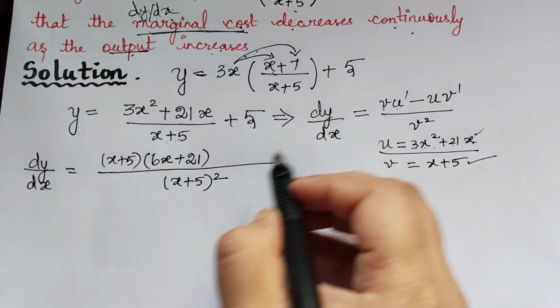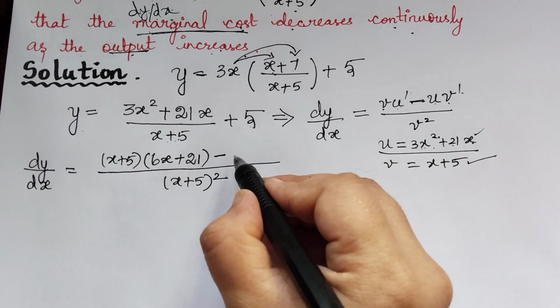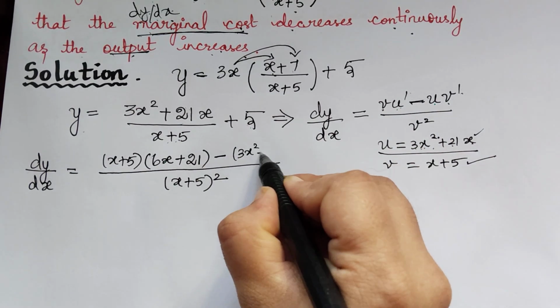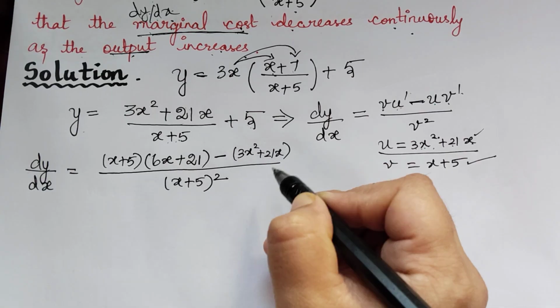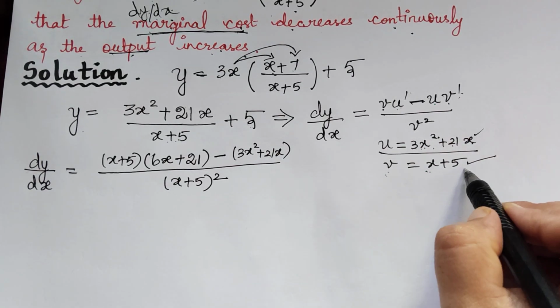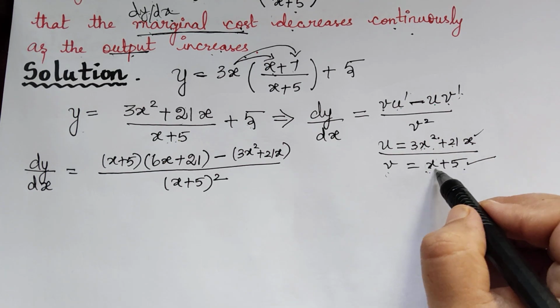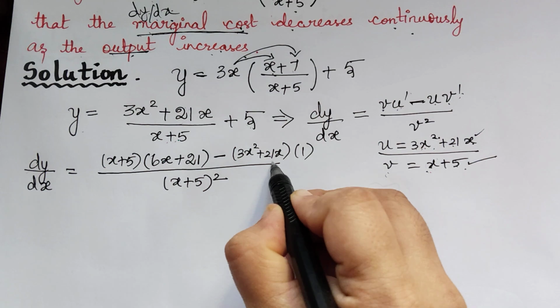So this is done. Then minus u multiplied with v dash. u is what? 3x square plus 21x. This has to be multiplied with v dash. v is x plus 5. The differentiation of this is x is 1, and 5 becomes 0, and so therefore we have 1 over here.